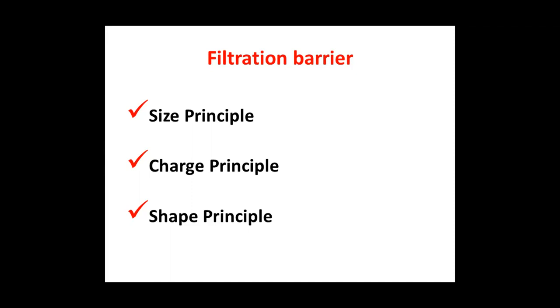Size means if the molecule has a molecular weight of 5,000 or less, then it is easily filtered across the glomerular filtration barrier. So most of the substances present in the plasma other than proteins can easily pass through the glomerular filtration barrier.